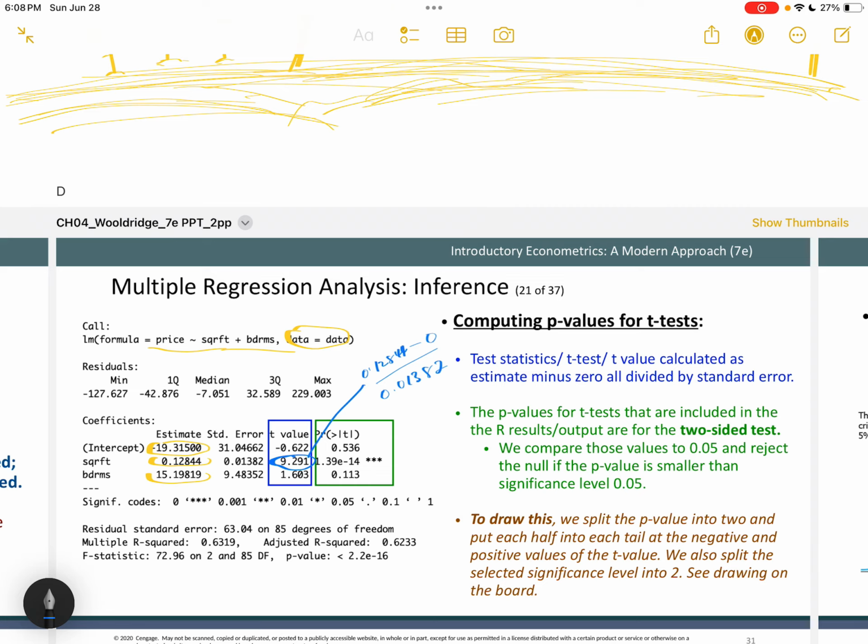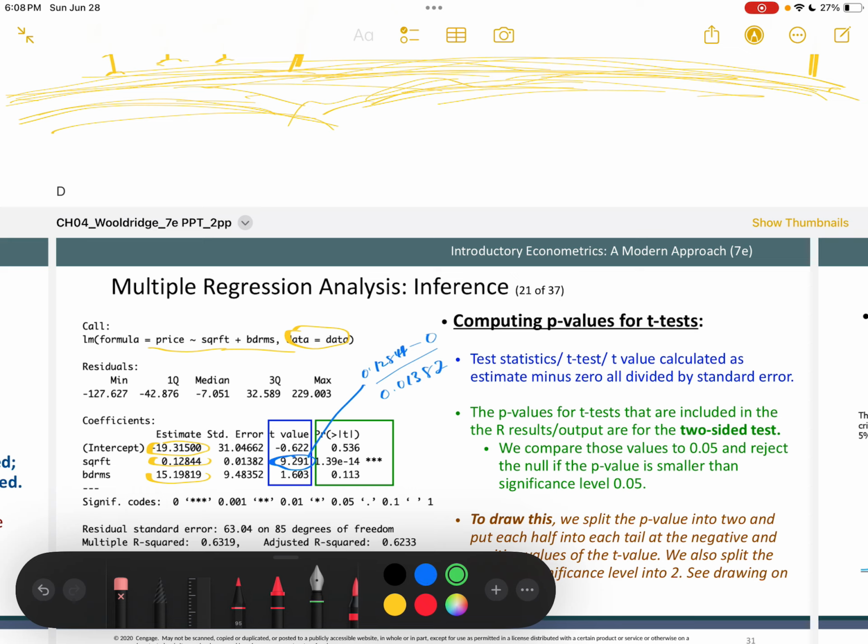You guessed it, 0.01382. And that's how we got our 9.291.